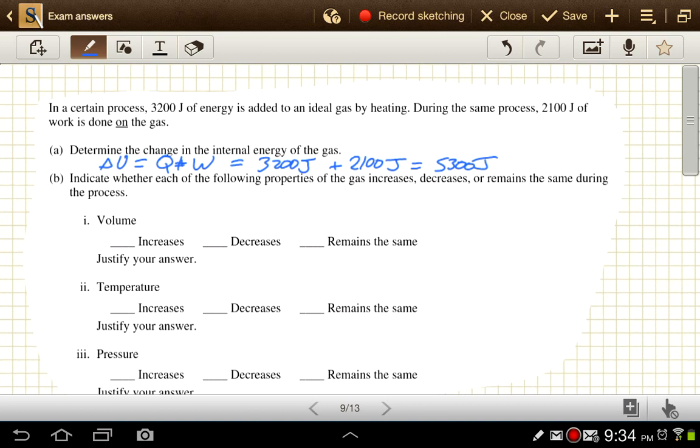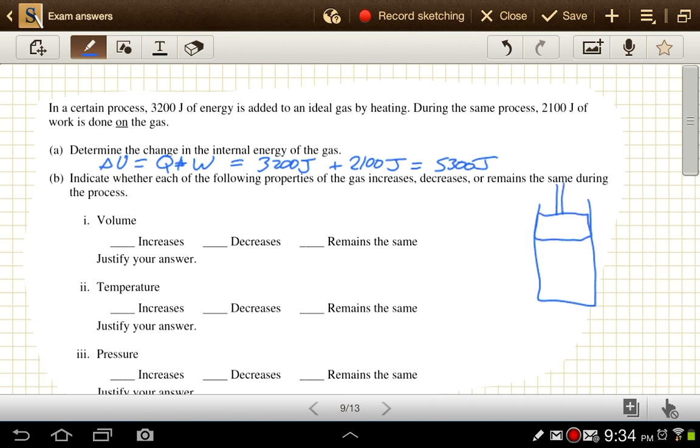Okay, indicate whether each of these increases, decreases, or remains the same. Volume. Volume we can tell from work. So we can do this two ways. We can picture the situation with a piston involved.